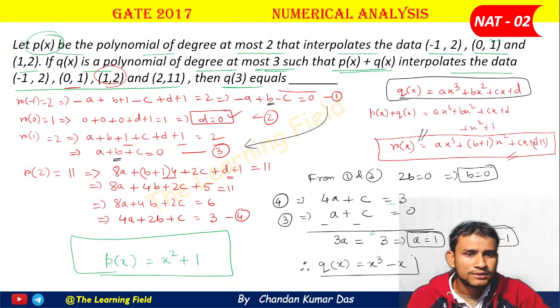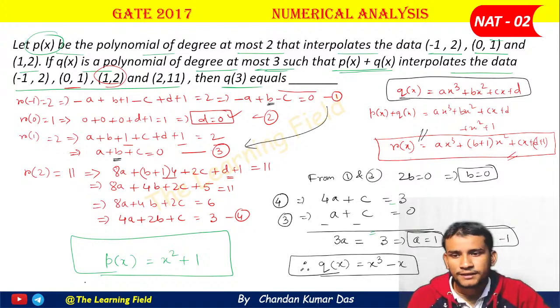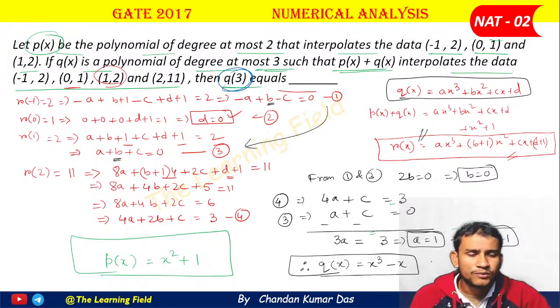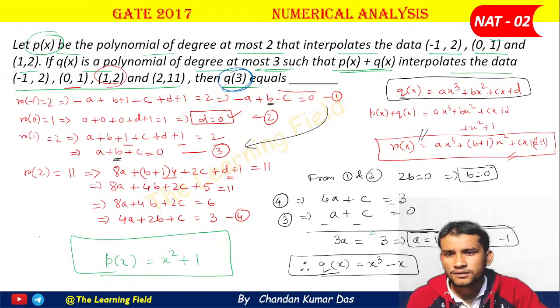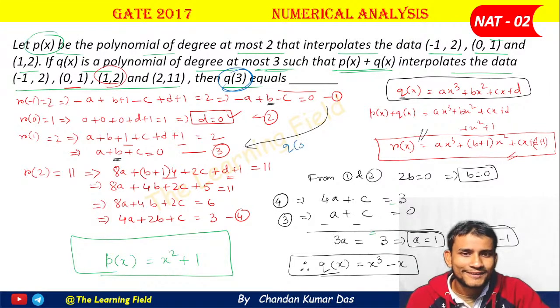So Q(x) equal to this. Now we need to calculate the value Q of 3. Therefore simply Q of 3 equal to 3 cube minus 3, this is equal to 24.